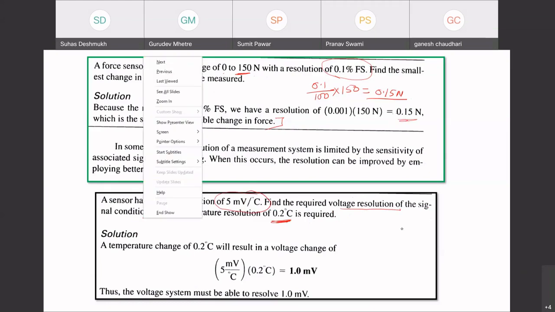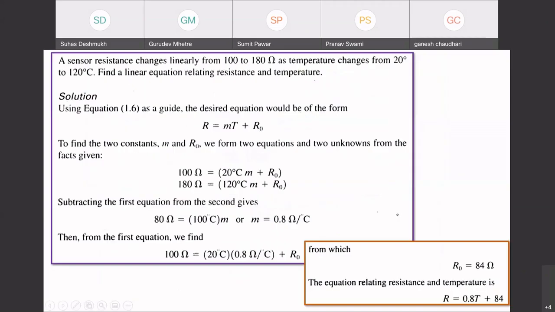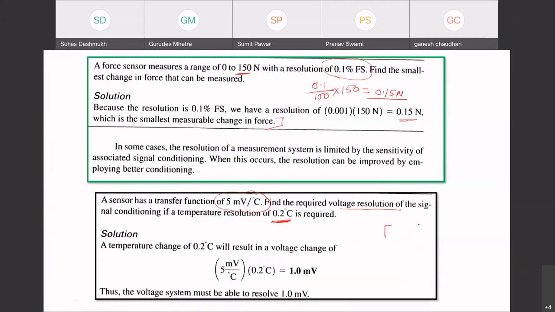Here my temperature sensor generates an output in terms of millivolt or something. This is further connected to my signal conditioning, and the output is again converted into millivolt.